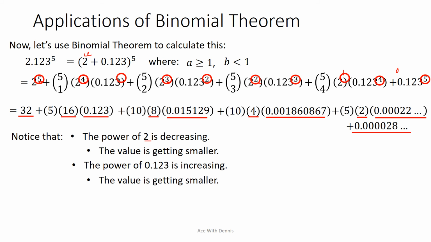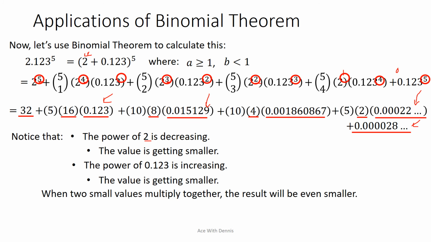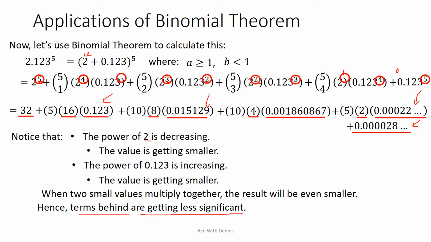Observe that the first term is 0.123, the second term is 0.015129, the next one is 0.001860867, and it continues getting very, very small. When two small values are multiplied together, the result is even smaller. Hence, the terms behind are getting less significant.